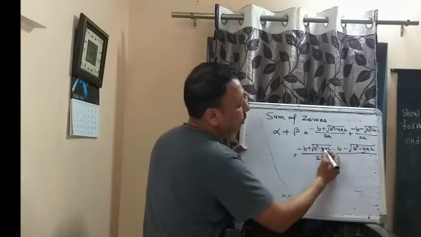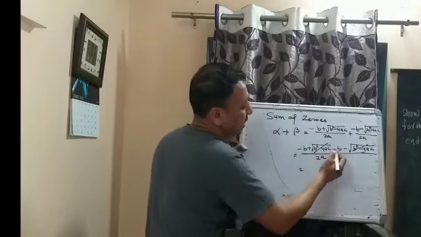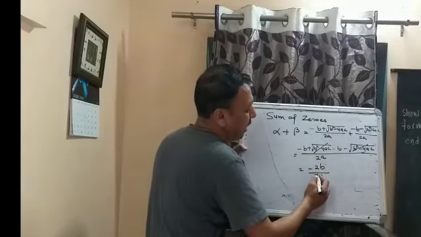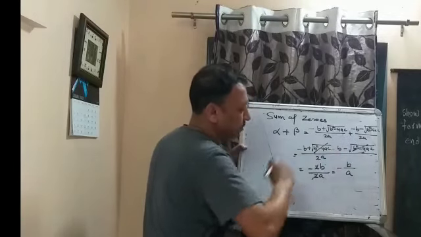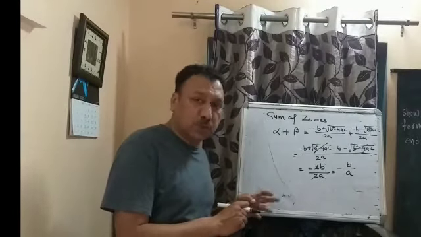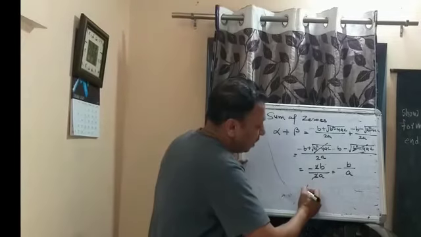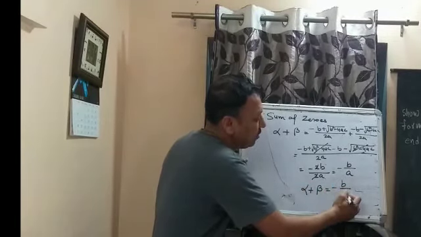These two equal and opposite terms will be cancelled out, and it will become minus b and minus b, minus 2b upon 2a, and 2 is cancelled to give minus b upon a. This is the relation we have got here as the sum of roots or sum of zeros of the polynomial. So the formula has come: alpha plus beta is equal to minus b by a.